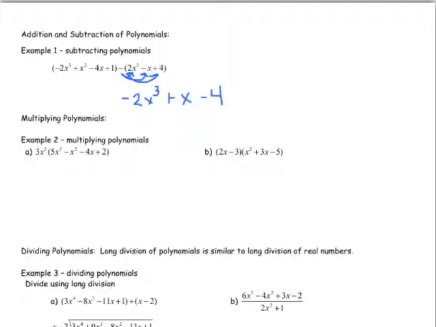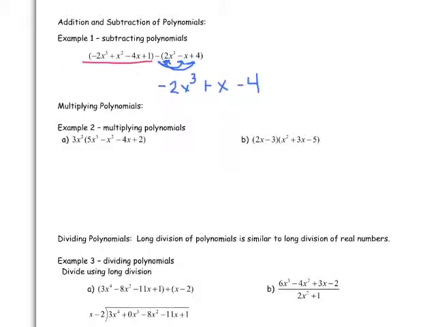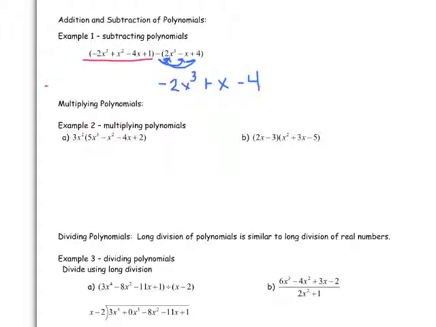Okay, and I'm just going to rewrite this. There's nothing that indicates it needs to change at all, so I'm just going to rewrite that. So negative 2x cubed plus x squared minus 4x plus 1. And then from here, it's really just about combining like terms. Negative 2x cubed minus 2x cubed makes negative 2 and negative 2 makes negative 4.